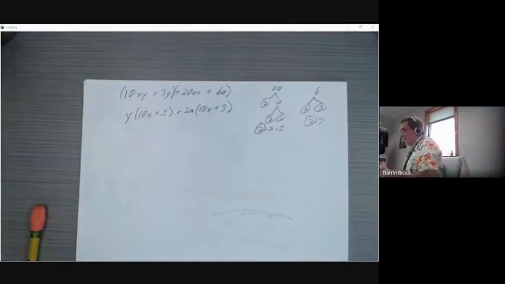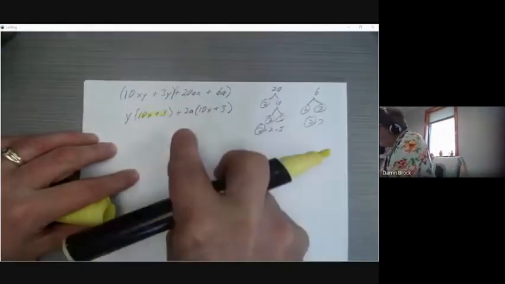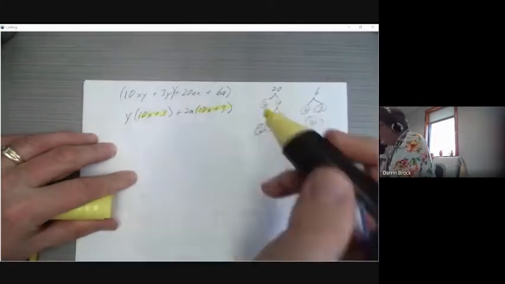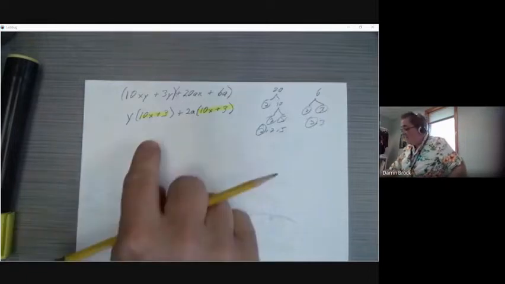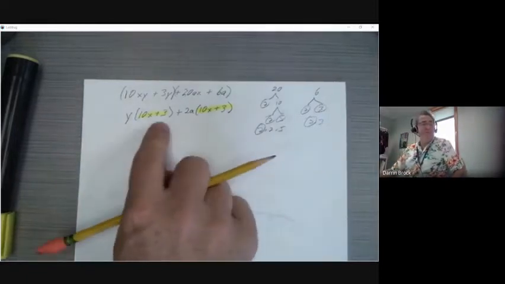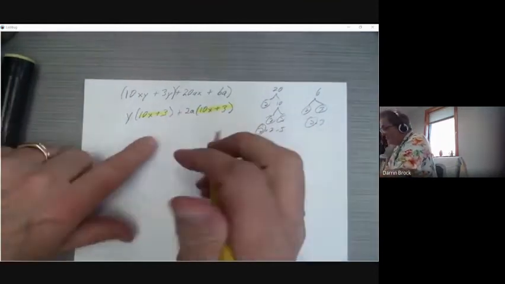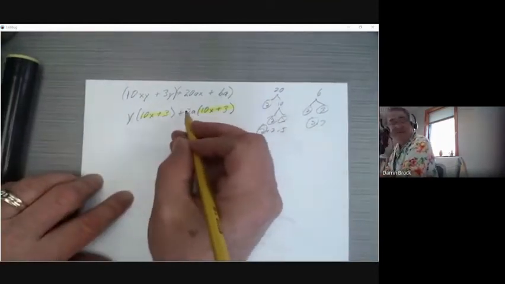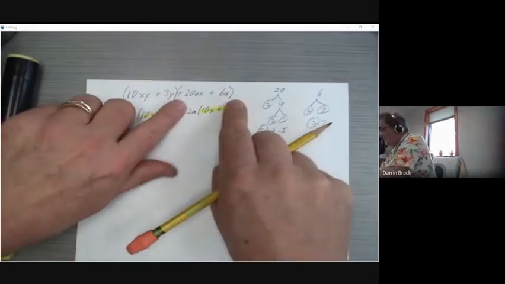Okay, so factoring by grouping, look what we have. We have y times 10x plus 3, plus 2a times 10x plus 3. Notice those are the same. If we did it right, we should have the same factor in both of those. So if we factor this out, we have 2 terms now, right? Terms are separated by some kind of arithmetic symbol. So we have this term plus this term.